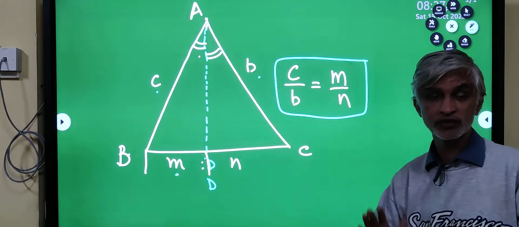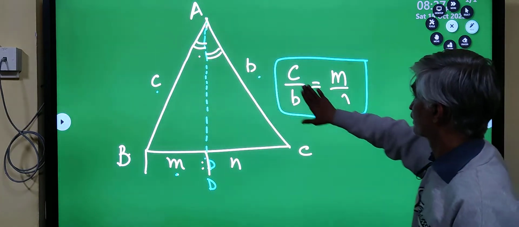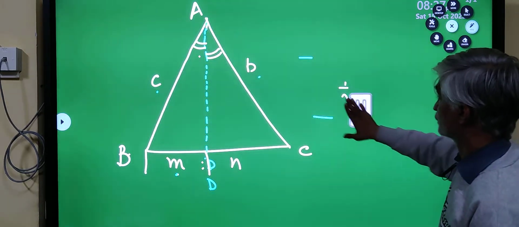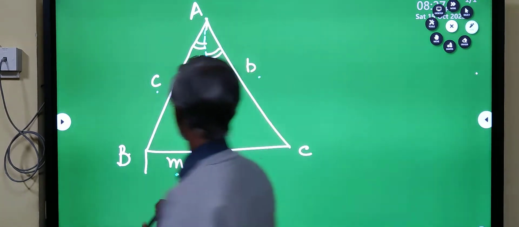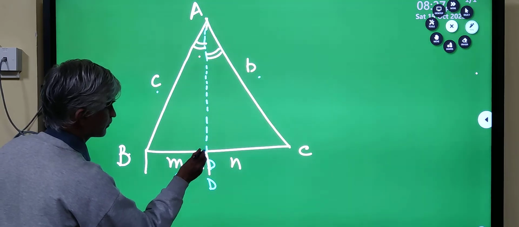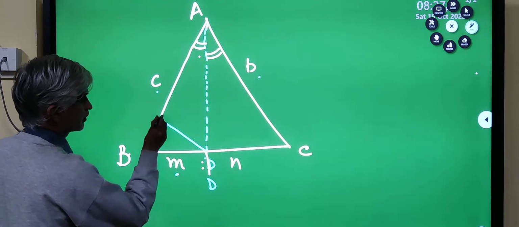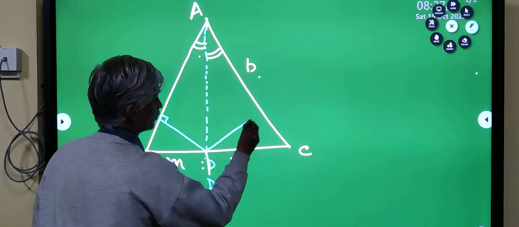The first one will be the method of areas, and so let me just do the method of areas proof first. For that, what you have to do is drop a perpendicular from D and do the same thing on this line.